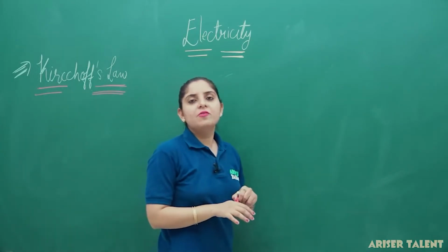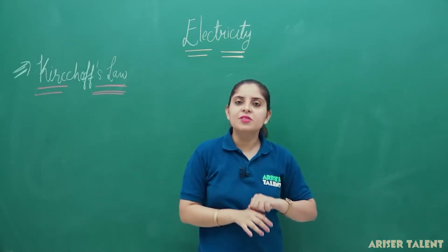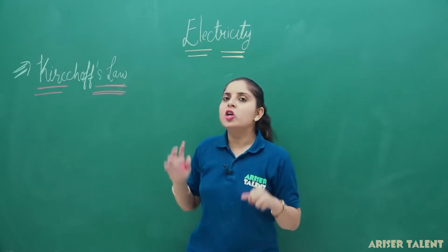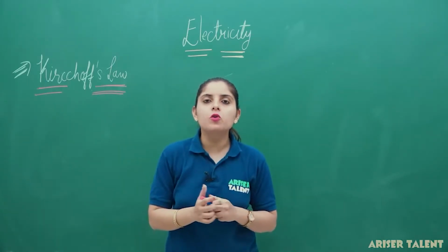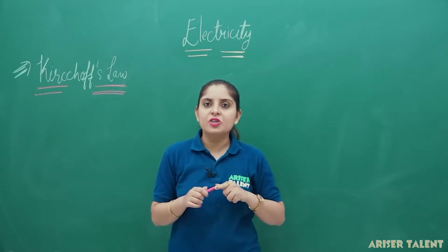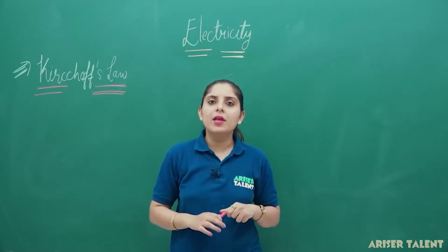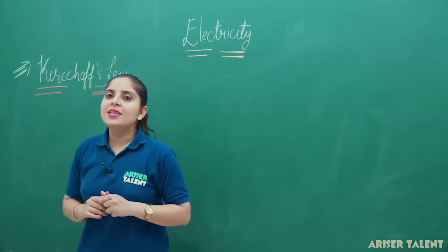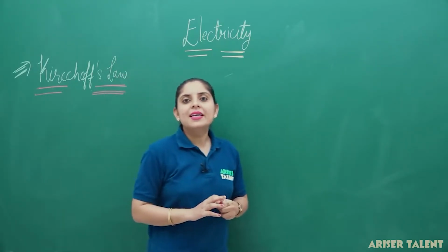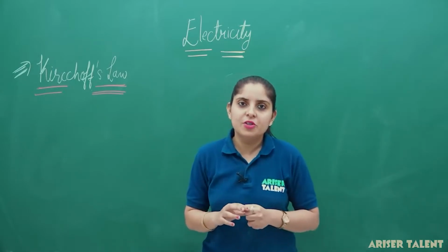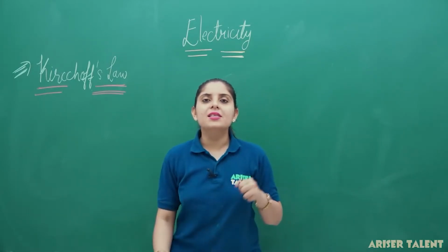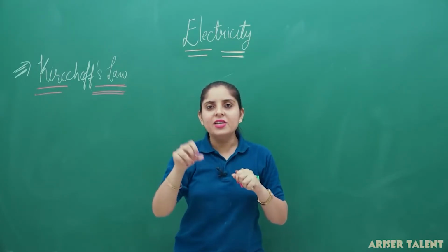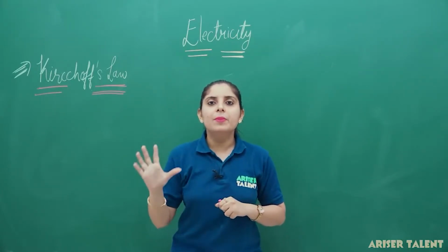Kirchhoff's law is a very important law in physics which is basically used to determine the direction of the current, and Kirchhoff has basically given two laws. The first law is known as the junction rule and the second rule is known as the loop or mesh rule. The first rule is basically dependent upon the law of conservation of charge. It means the total sum of the current at any junction in any system will be equal to 0.